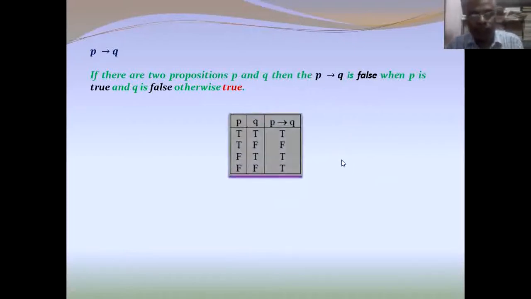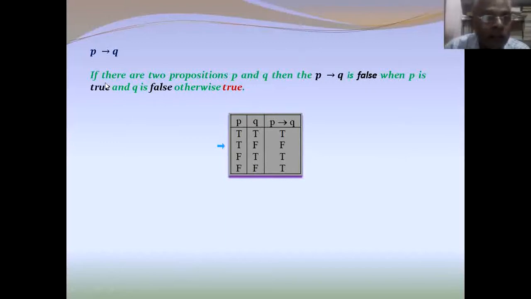Finally, its truth table is shown here. For P and Q, there are 4 different interpretations as I have discussed earlier, and in this truth table, P is true and Q is false in the second row, so its value is false, and in all other cases it is true.